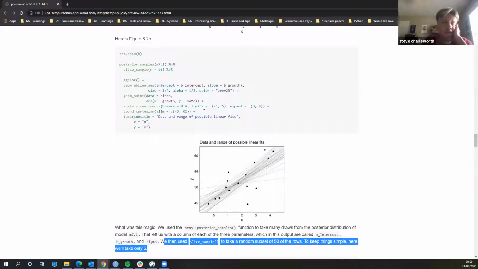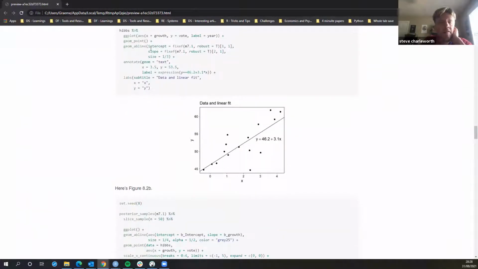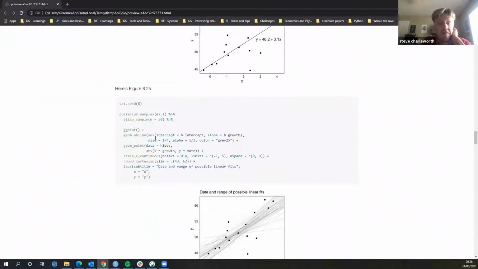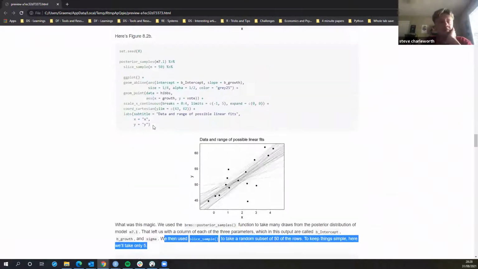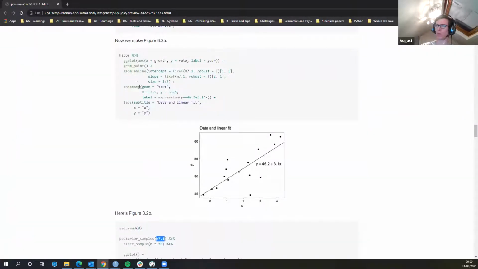So yeah, in Statistical Rethinking, you'll see a lot of plots like this, where they sample the posterior distribution to get a sense of, I guess here we're just kind of seeing that there are a lot of possible fits. We have a best one, but we have all these others that kind of vary from that. So posterior samples takes the model and then just replicates the, sorry, hang on.